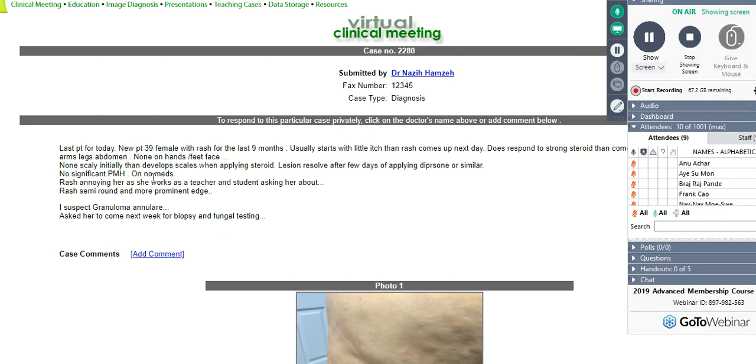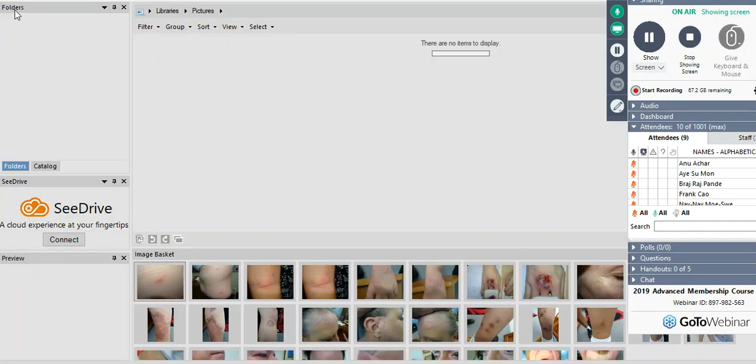There we go. Sorry, bear with me one second while I get these images up. I had them up earlier on, but the computer's having a hard time.